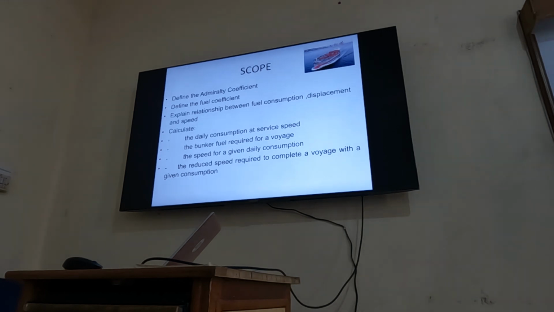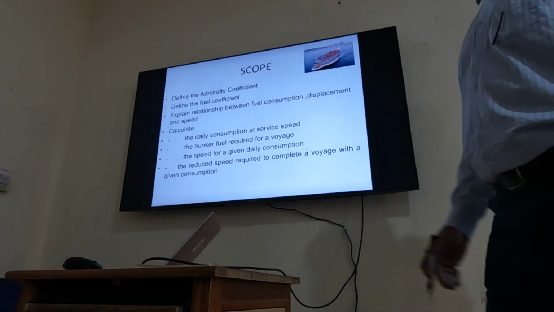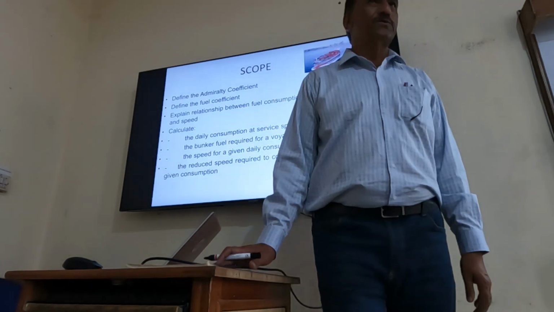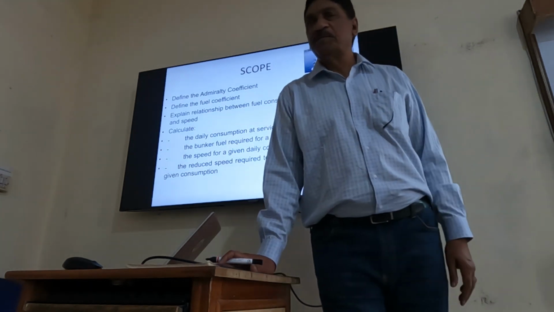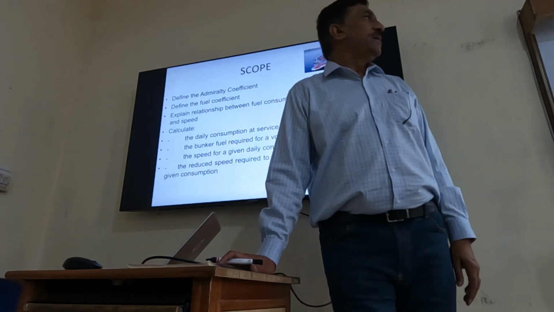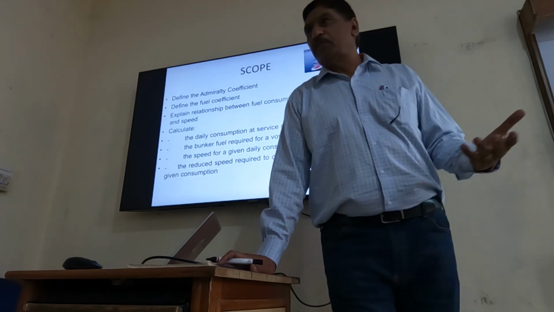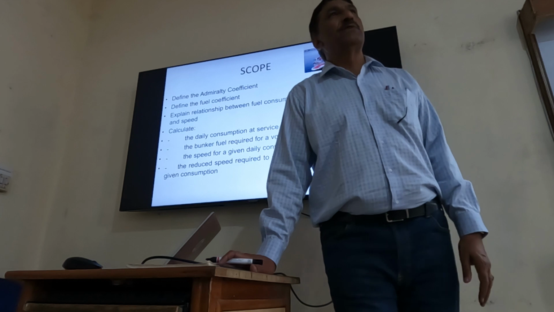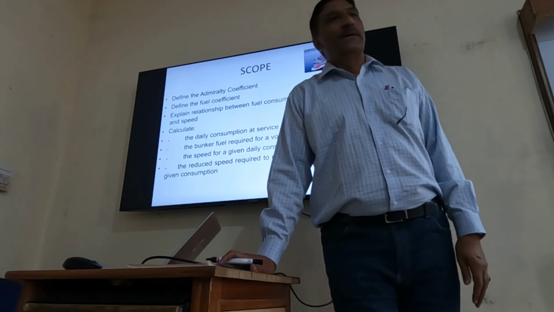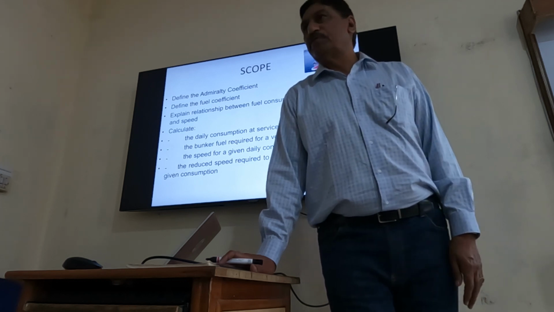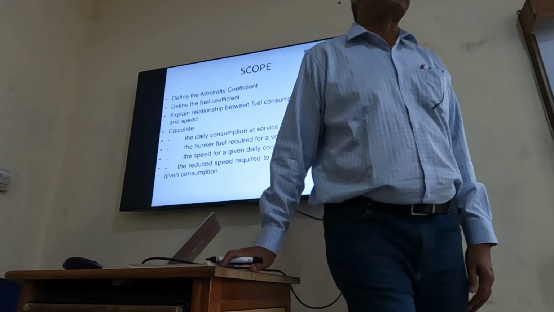Therefore, if the propeller produces this much thrust, the vessel will move at speed v, because my propeller is giving the same thrust. Thrust is a force, resistance is also a force. So if the resistance is 1000 newtons and the propeller gives 1000 newtons of thrust, the vessel will move at a speed of v. Correct? Is this point clear?